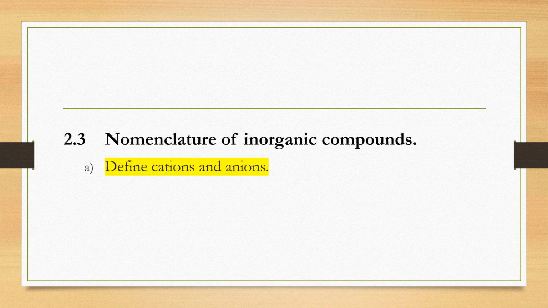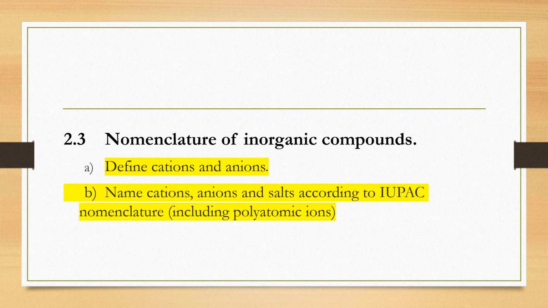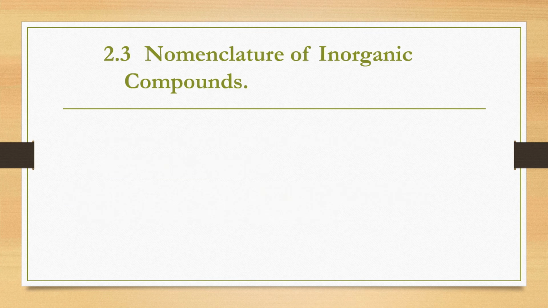In this subtopic, we are going to learn to define cations and anions and also name the cations, anions, and salts according to IUPAC nomenclature. Nomenclature of inorganic compounds.